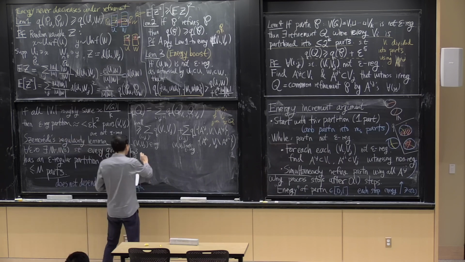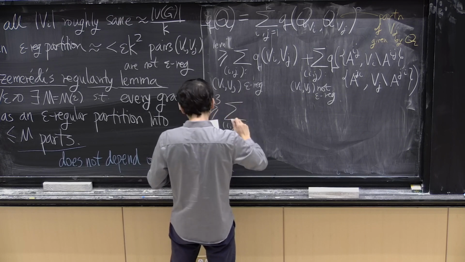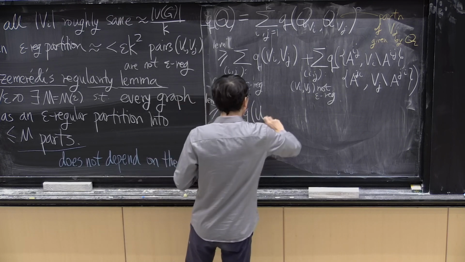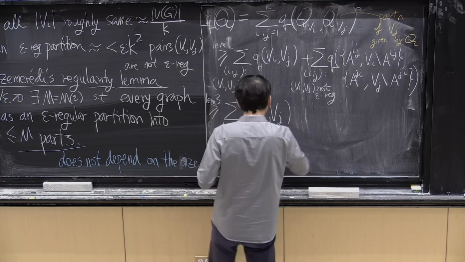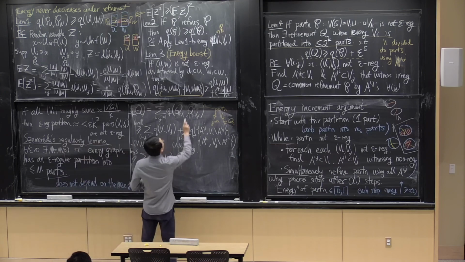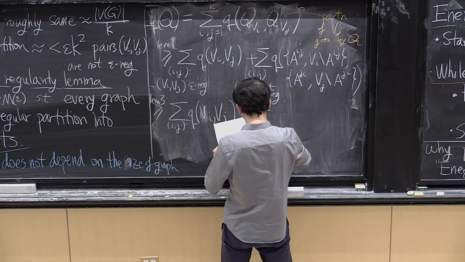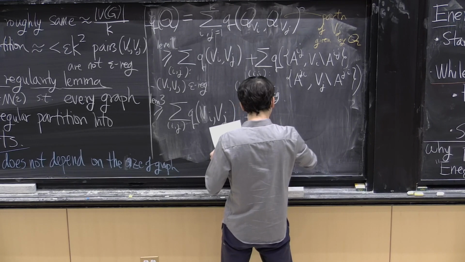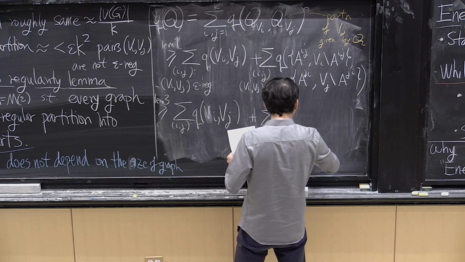So putting it together, we see that the previous line is at least if you sum over the Q's of all the pairs plus this extra epsilon to the fourth term for all pairs that are not epsilon regular.